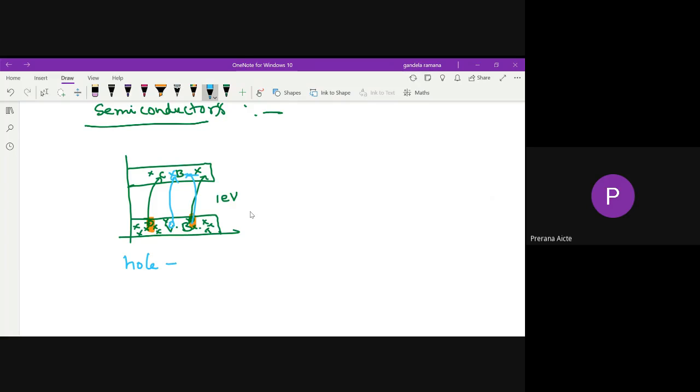The time from electron generation to recombination is called the mean lifetime period. Just like our life, we have birth and death, and in between some life happens. In the same way, an electron is generated, travels for some time, and then recombines.